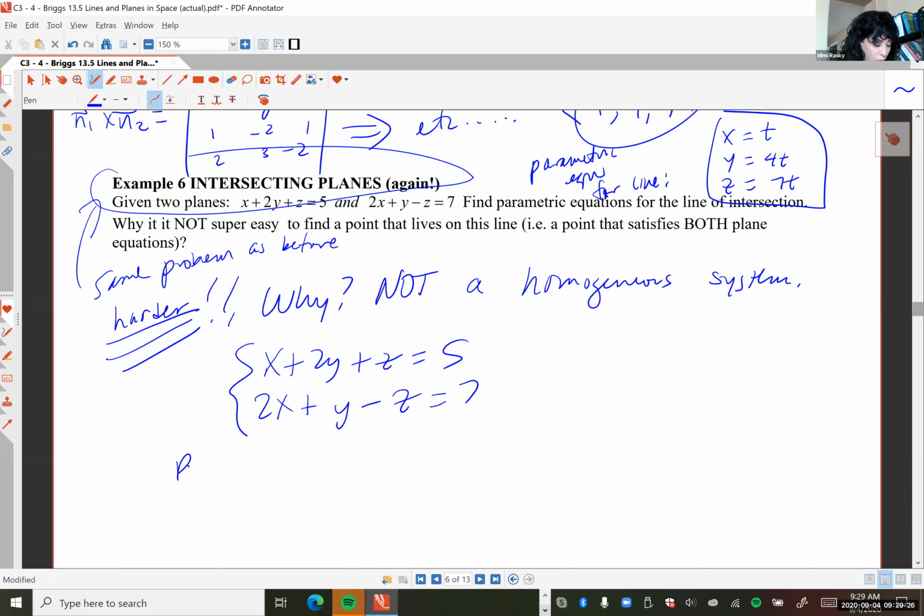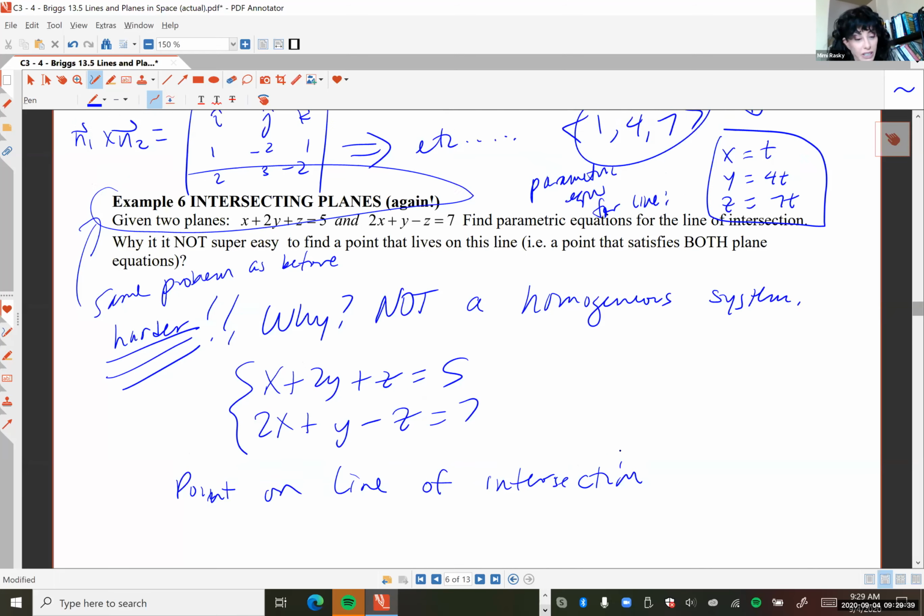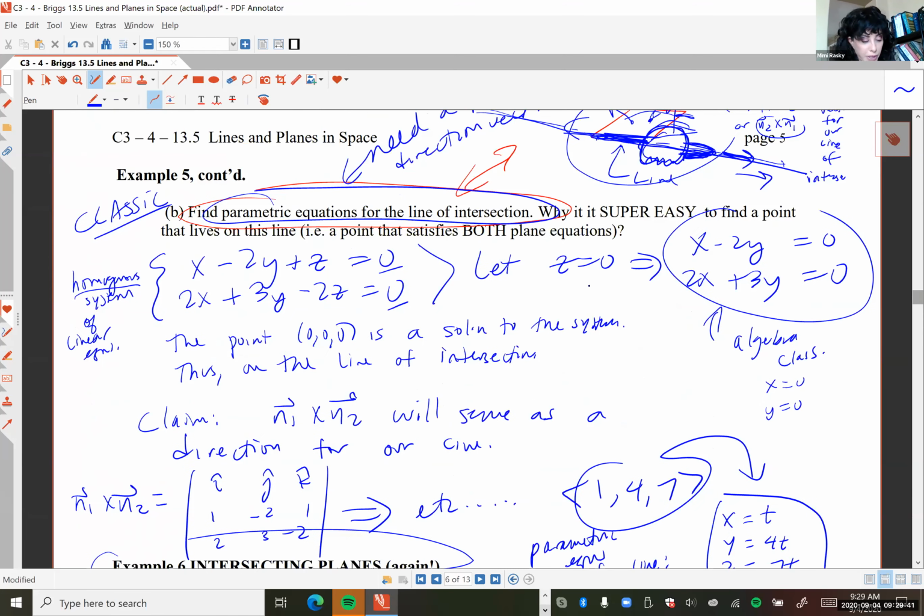So how do you get a point on the line of intersection? We're going to use a similar strategy like we did before. Force one of the variables to be 0. And it doesn't even have to be z. On that previous problem up here, I forced the z to be 0, and then I had x and y in my system of 2 equations and 2 unknowns.